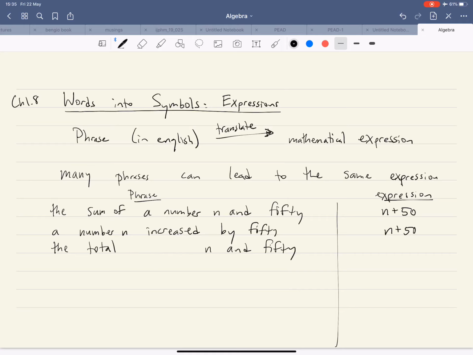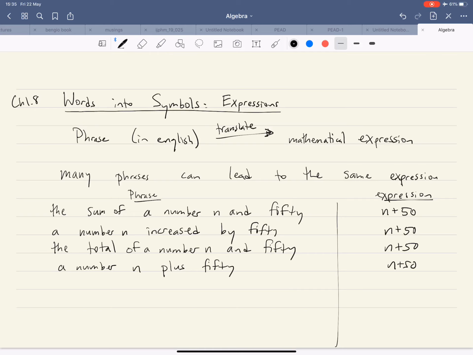Could have also been this. Total of a number n and 50 is still n plus 50. Or I could have just said a number n plus 50. That's still the n plus 50. Okay? So many different phrases can lead to the same expression.